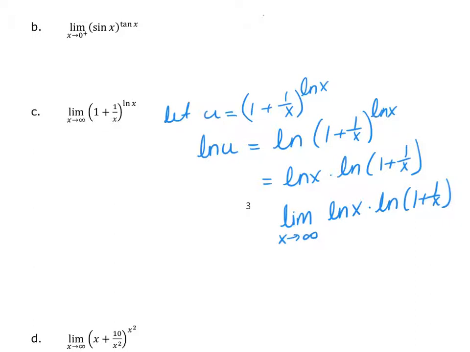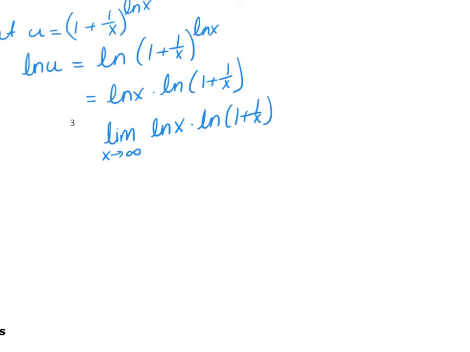I can't directly do L'Hopital's because as x goes to infinity, I end up with infinity for the first one, and 0 for the second one. When x goes to infinity, the natural log of x goes to infinity, and the natural log of 1 is 0.